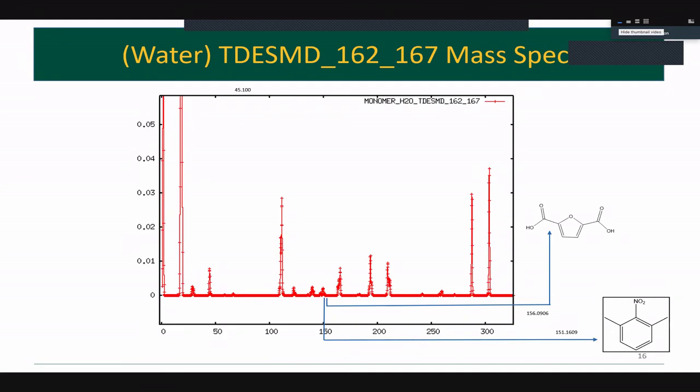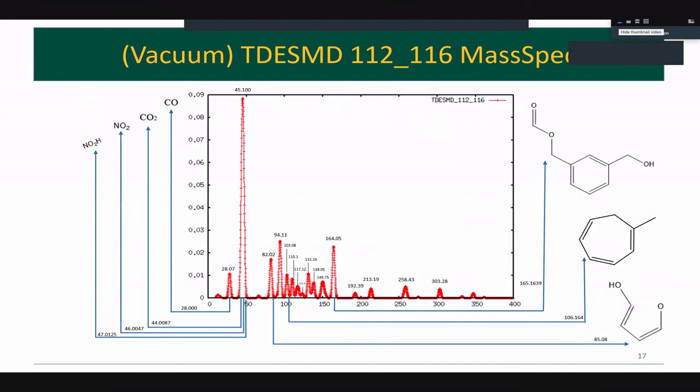I personally just have to do more analysis and see what's going on. Whereas in the vacuum or TDESMD 112, 116 mass spectroscopy, we see that all those different fragments were shown throughout our simulation, or most of them. For example, the CO2, the NO2, and the NO2H had obviously a very large peak throughout our simulation.